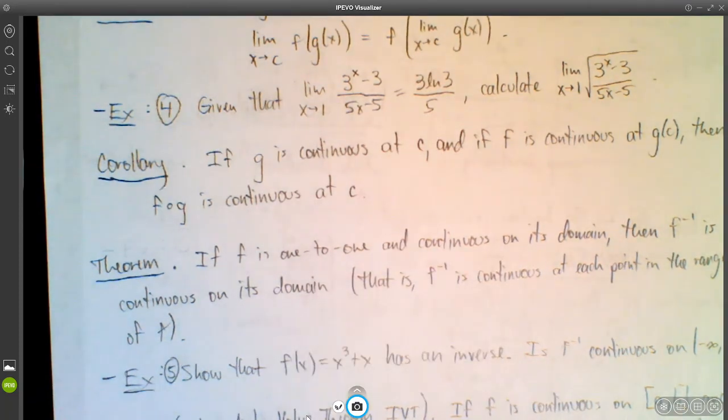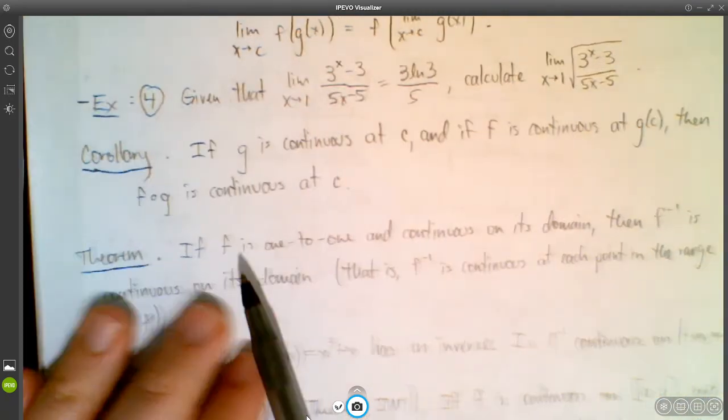So something like f of x equals x squared is not 1 to 1, because if you look at the output value 4, there are two input values that lead to it, −2 and +2. So that would not be a 1 to 1 function. But something like a straight line or a cubic function, these things would be 1 to 1.